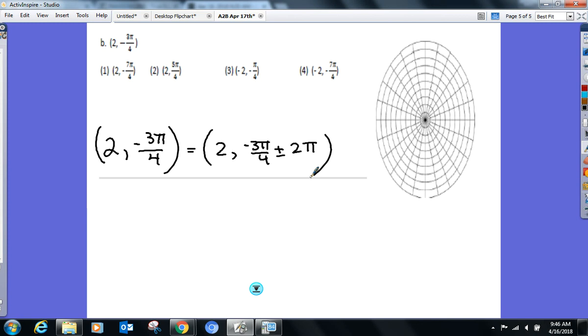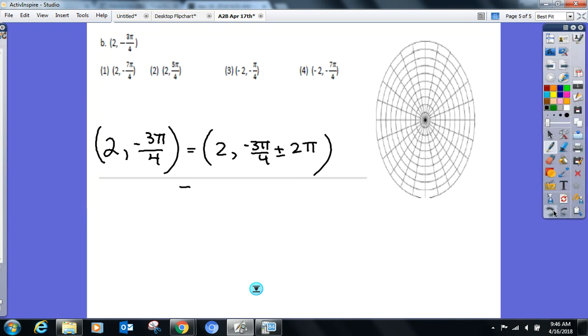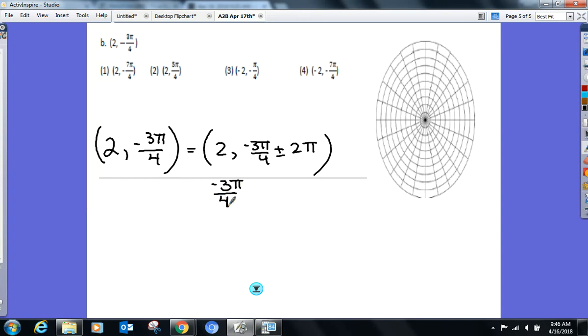Ready? Let me just do a little. Let's do negative 3 pi over 4 plus 2 pi. You can't add those together. Why not? We're almost hitting graduation here, some of you. Why can I not add those together? Don't have a common denominator, right? What would you like the denominator to be here for the 2 pi? 4.